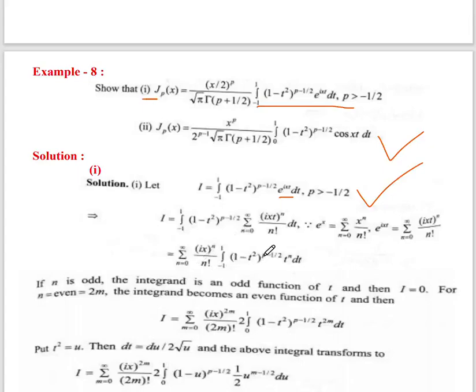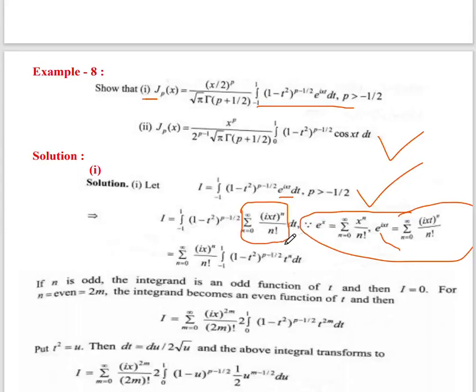So this can be written in the summation form, where we know that e raised to power x is summation n equal to 0 to infinity x to the power n upon n factorial. So e to the power i x t can be written in this way. Using this result we can replace e raised to power i x t by summation n equal to 0 to infinity (i x t) to the power n upon n factorial.